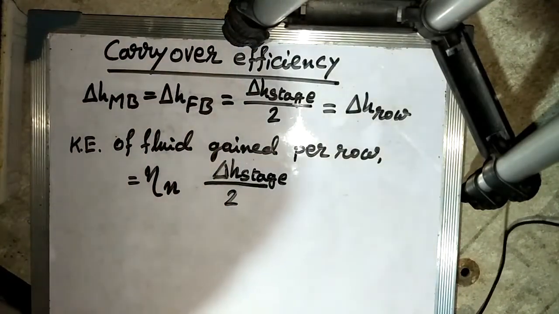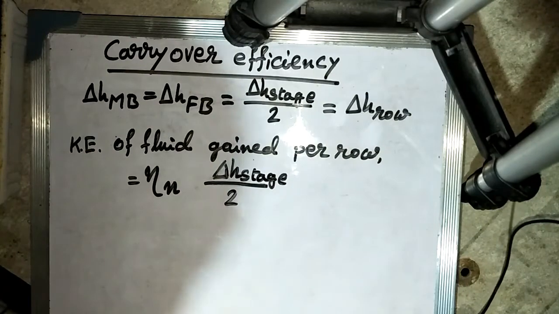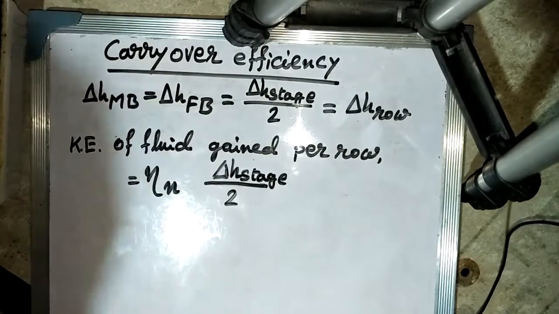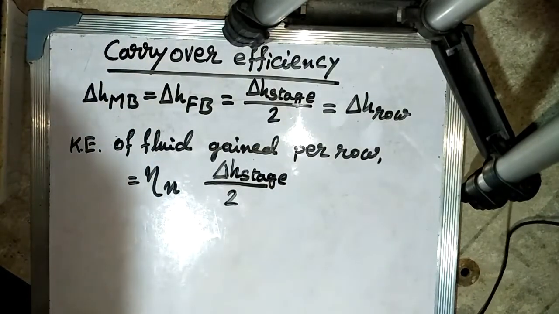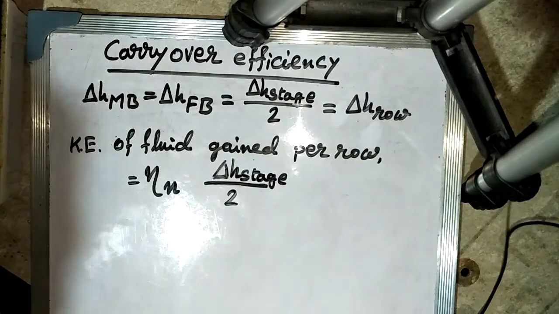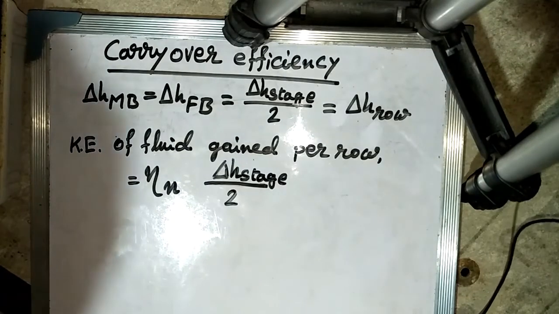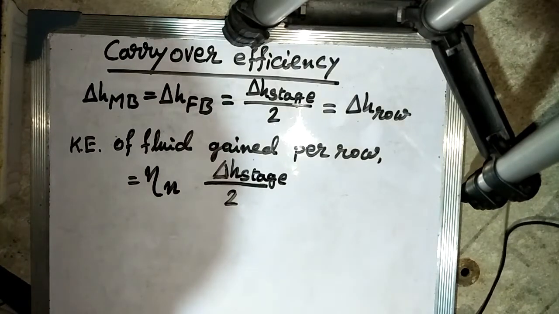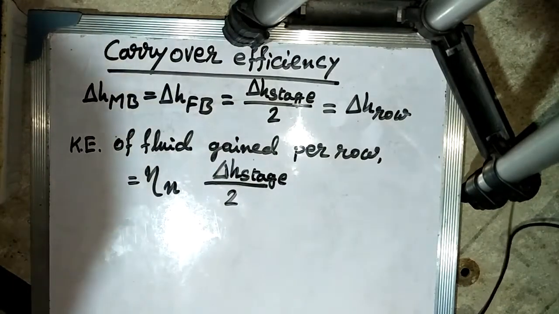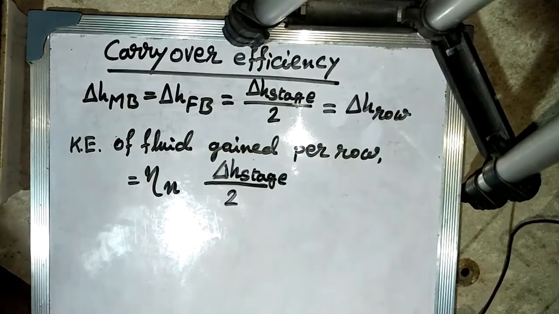Now the kinetic energy associated with the leaving velocity of the preceding stage is available to do work in the following stages. Of course, some loss is involved in the journey from one stage to the next stage, and is taken into consideration by what is known as the carryover efficiency.